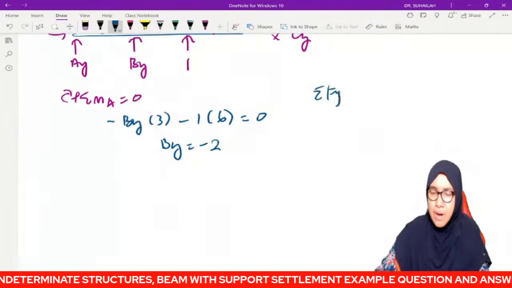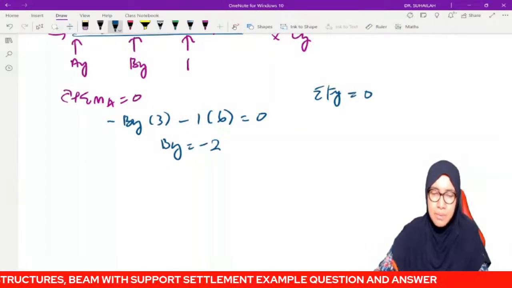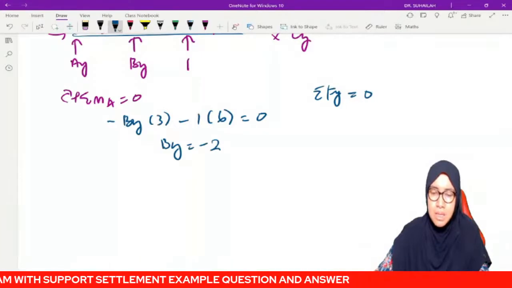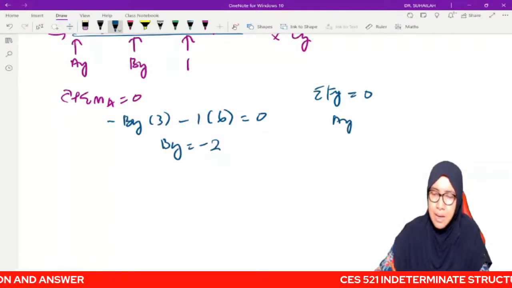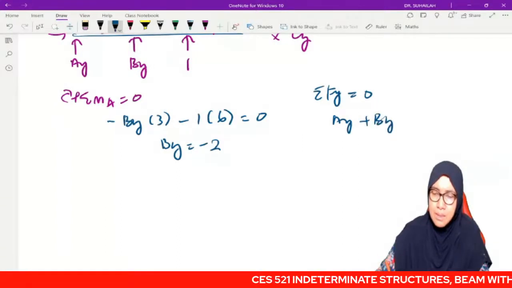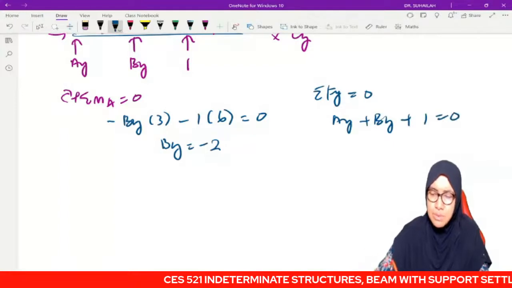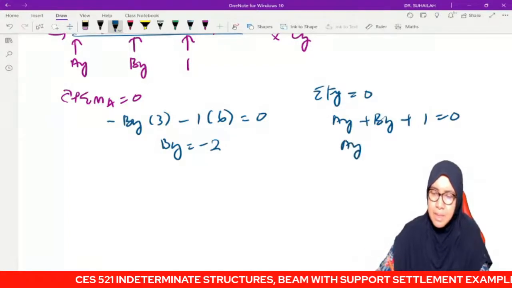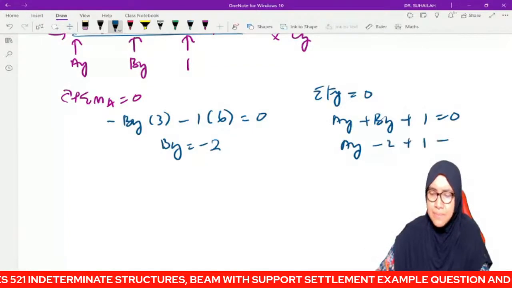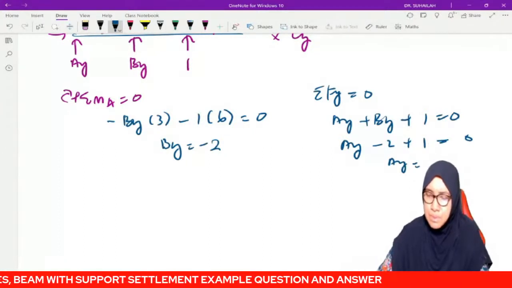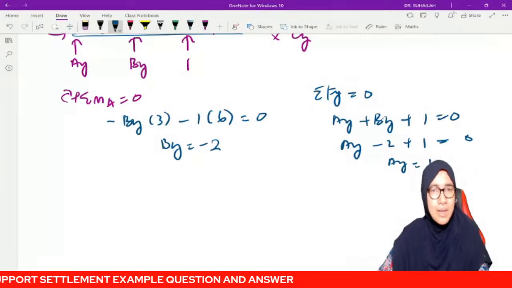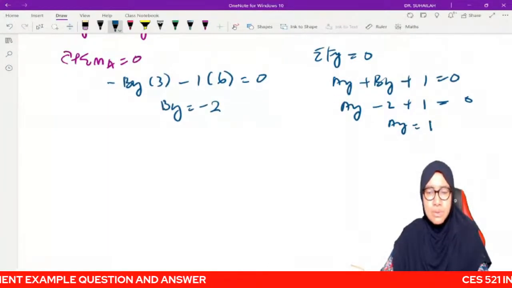For Fy equal to 0, Ay plus By plus 1 is equal to 0, so Ay minus 2 plus 1, and we get Ay equal to 1.